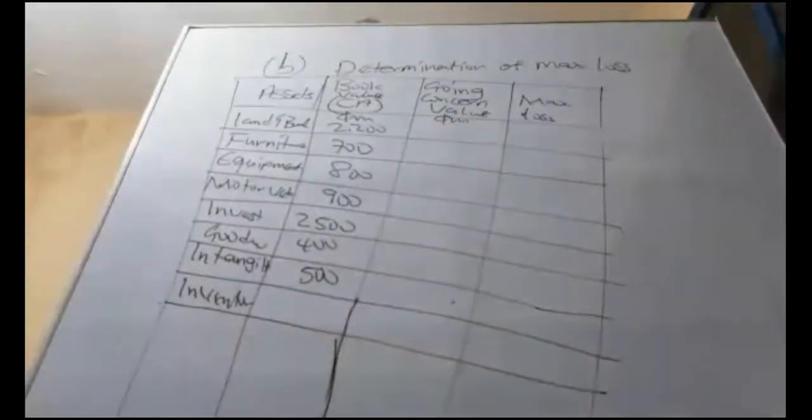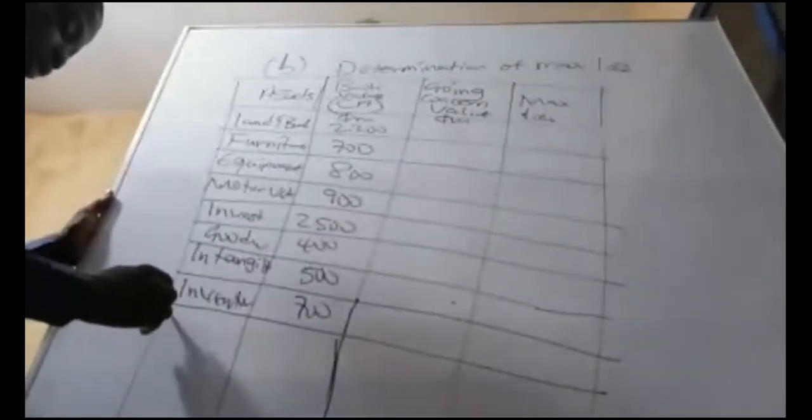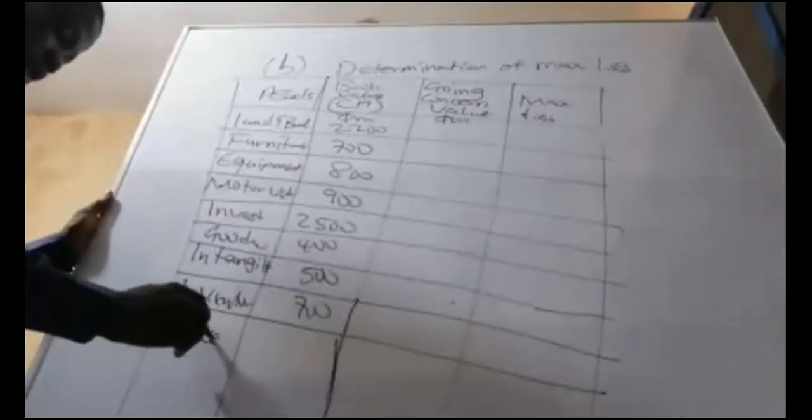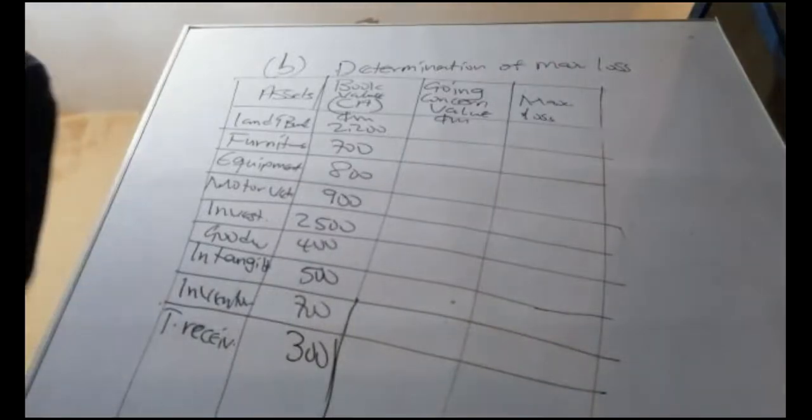Cash, we are not going to lose. If you have 1,000 here, if you are struggling, it will not reduce the value of the cash that we have, not what we have to receive. Okay. The inventory is 700. Then trade receivable, that is 300. So that is it.